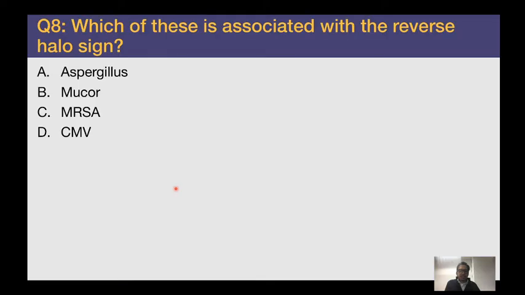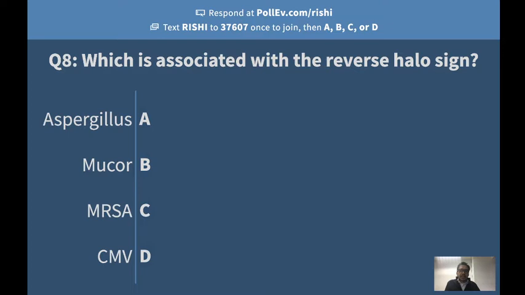Okay, let's talk about our next big category, which is infections. And I have a question for you: what is associated with the reverse halo sign?